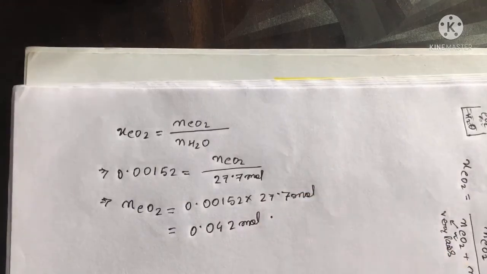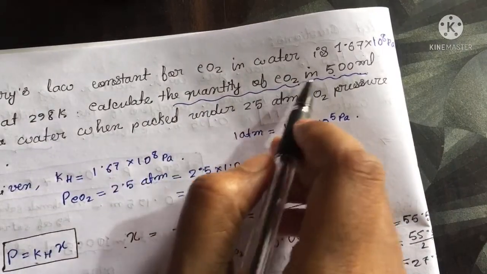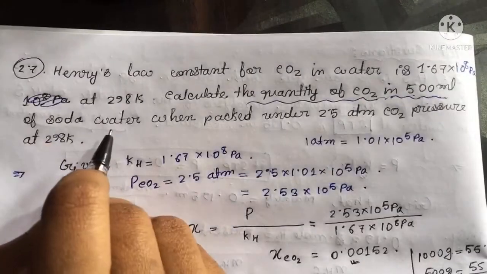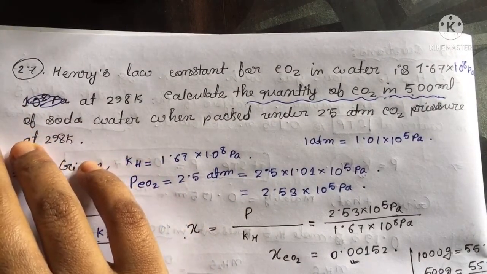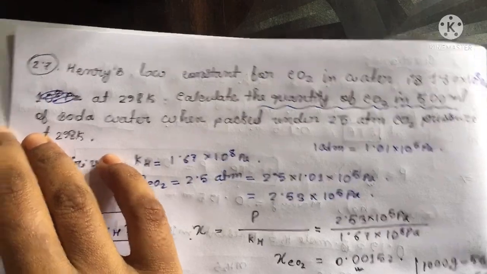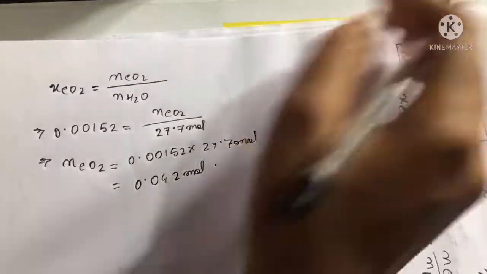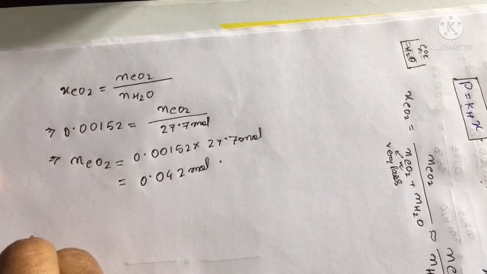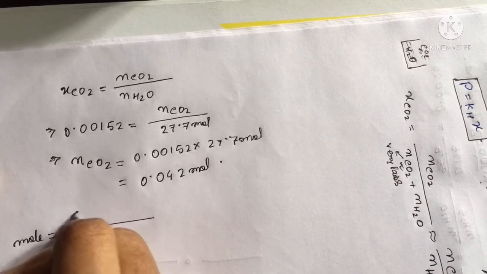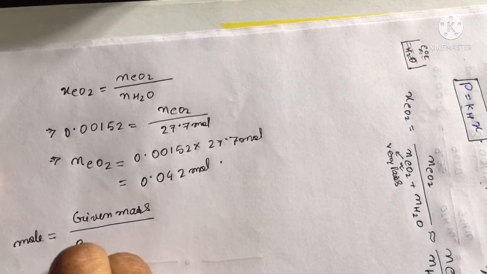But in this question, what is asked is to calculate the quantity of CO2 in 500 ml of soda water. We don't need the mole; we have to calculate the quantity, I mean the mass. So we know that mole equals given mass divided by molar mass.